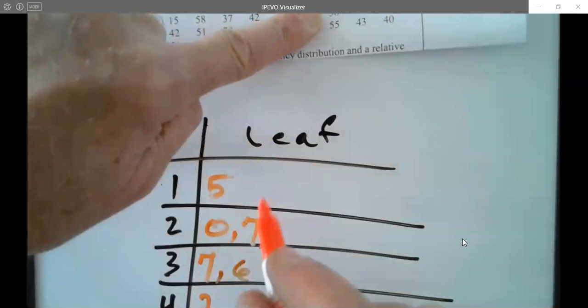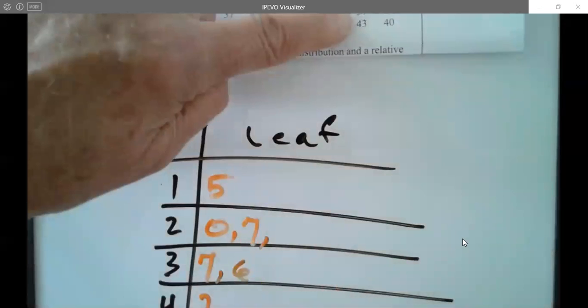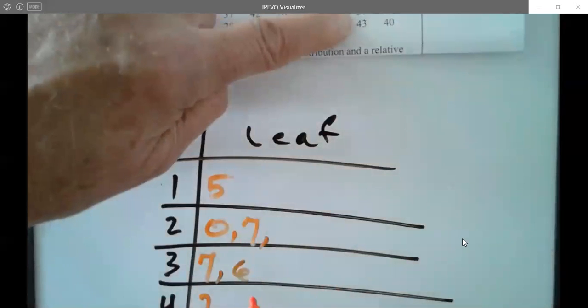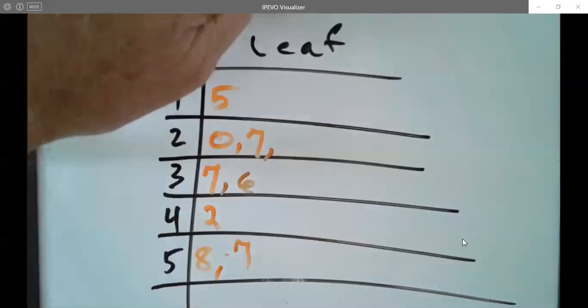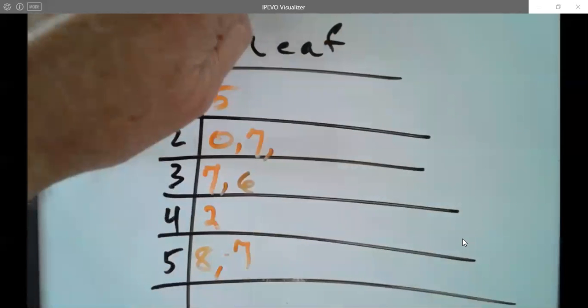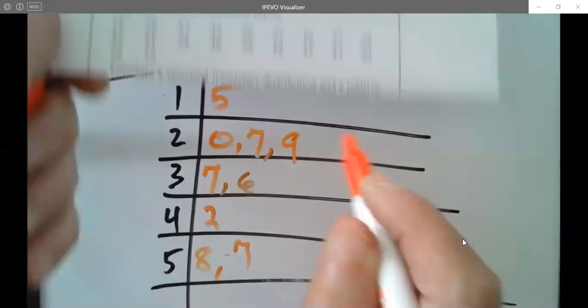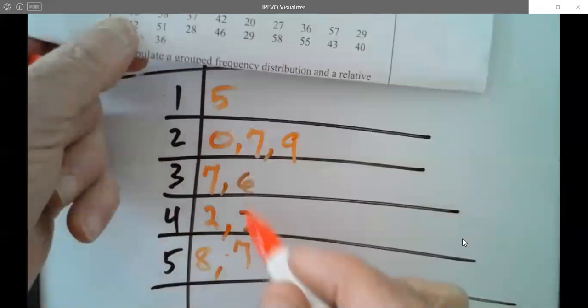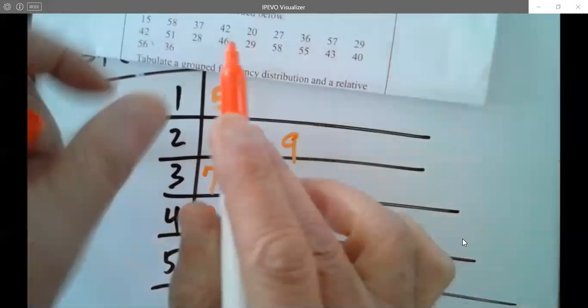And you get them to line up so that it doesn't get distorted. And then 57, and next is 29, so that would be a 9 here. Next is 42, so that's another 2 there. 51. 28.